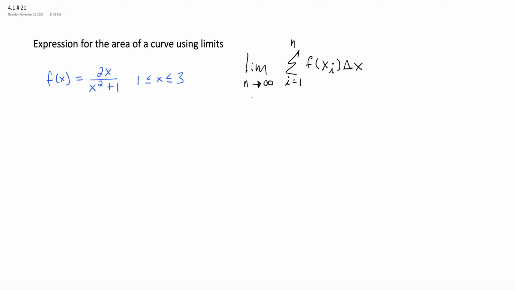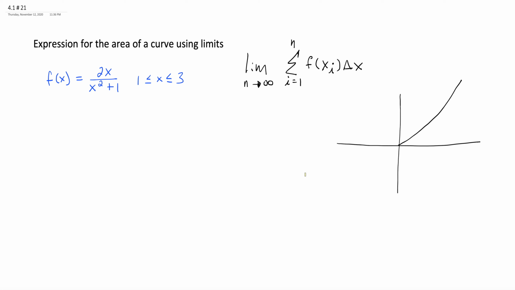Okay, so let's talk about what all this stuff means. Let's say you have a curve, and it looks like that. We're trying to get the area under the curve, this area that's right here.